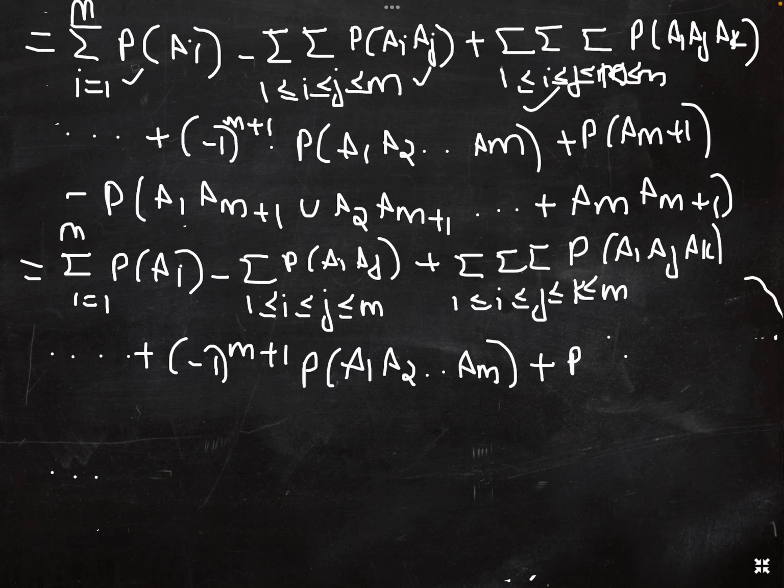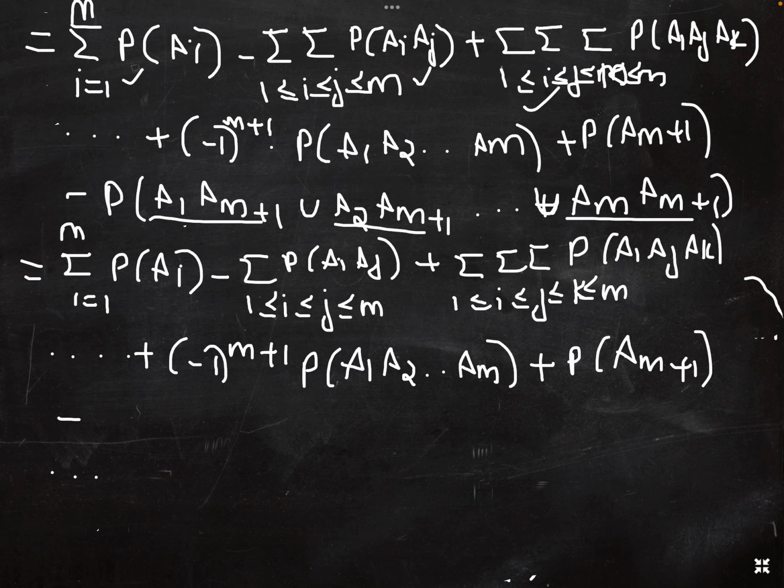Plus P of A m plus 1, minus this term: P of A1 A m plus 1 union A2 A m plus 1 union etc. union A m plus 1. That is P of A1 union P of A2 union etc. union P of A m, that is for m events, this A1, this A2, this A m.